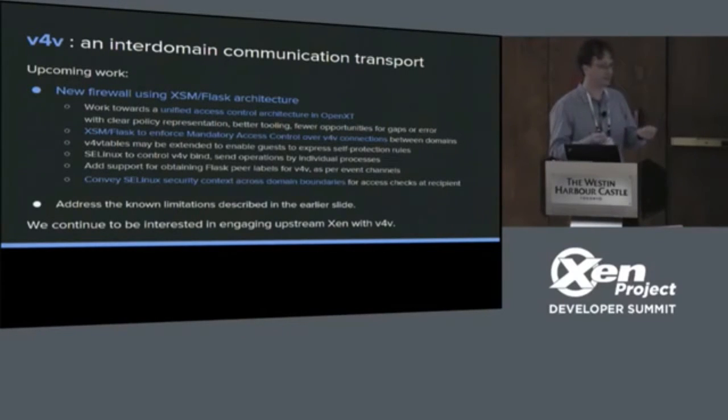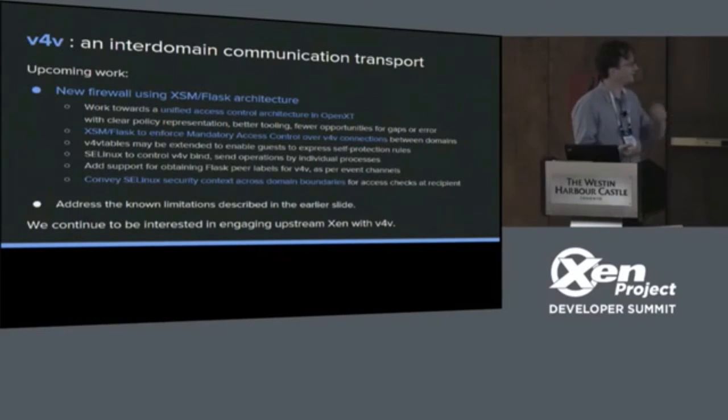If we were able to simplify that by using the Xen security modules and SELinux, you can take advantage of the standard tooling provided for those to simplify your reasoning about whether you've done everything correctly. It makes catching errors easier.